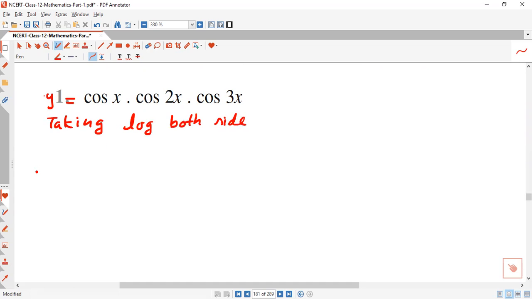If you take log on both sides, what do you get? What is the formula for logs? I will write it down here: log AB equals log A plus log B. You may write this formula easily.